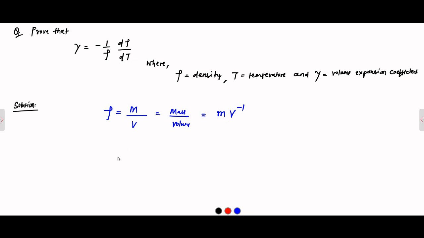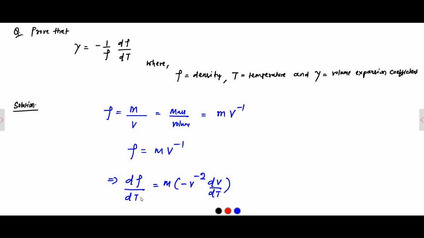Now if we differentiate both sides with respect to T, which is implicit differentiation, d rho by dT will be equal to, as volume is dependent on temperature because of thermal expansion and mass remains the same, m times minus V to the power minus 2 dV by dT.